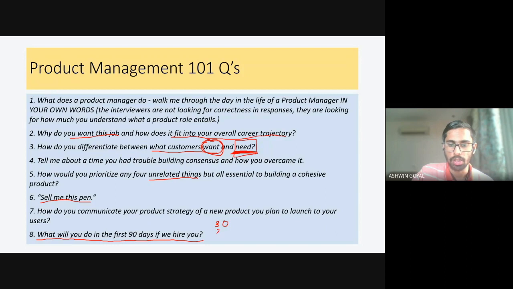Let's say next 30 days you can spend deep diving into all of the products, and also simultaneously talking to more and more people in the company, connecting with them, networking. And next 30 days you can focus on the key objectives that the company has defined for you, right? So you can answer this in a structured way. That will help.